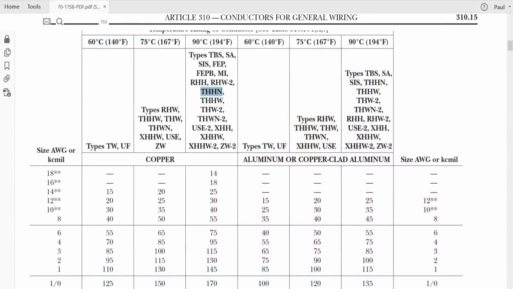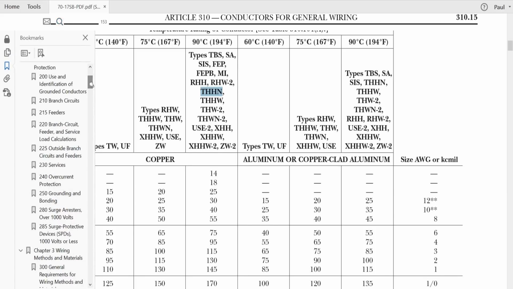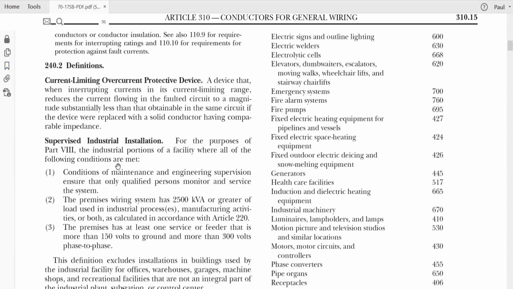Oh, we came back to me. We want to go to the code. And we're going to pull that out of the code. Let's just go to it, it's easier to go to it. 240.6a.